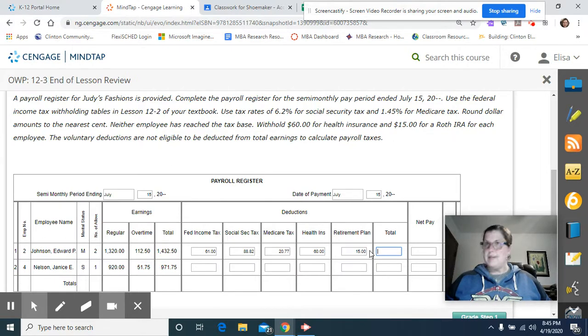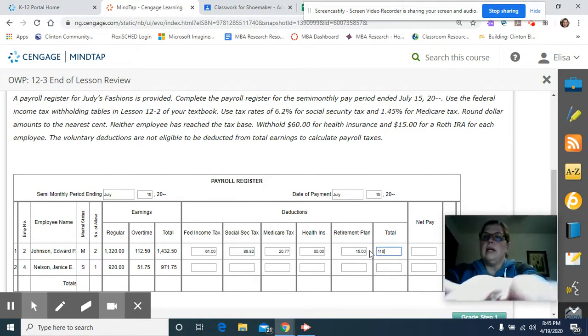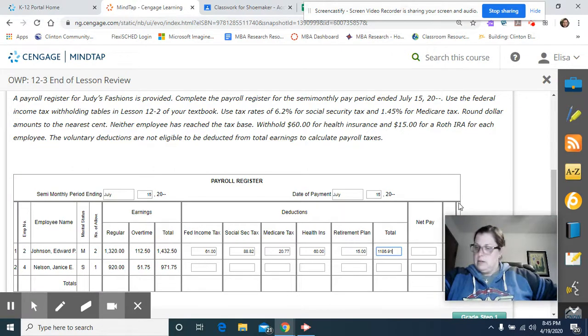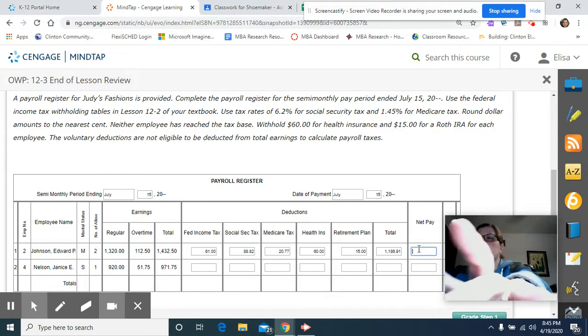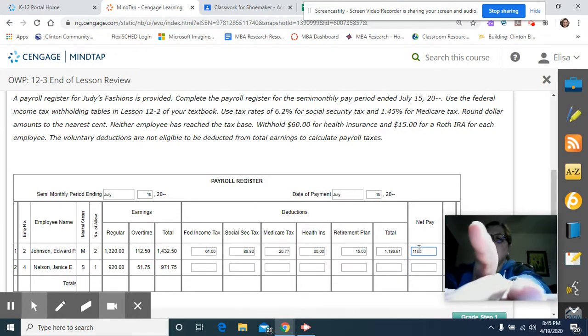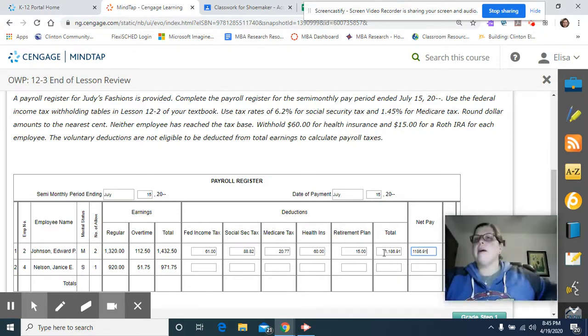And when it is all said and done, that net pay is $1186.91. Okay, that is. Oops. Sorry, I lied to you. That goes in the net pay column. We're supposed to total up the deductions first. One of these days, I'll be able to do this stuff without getting ahead of myself.